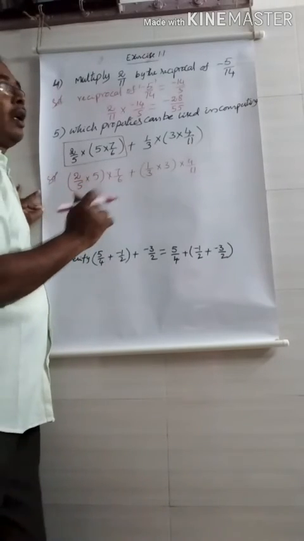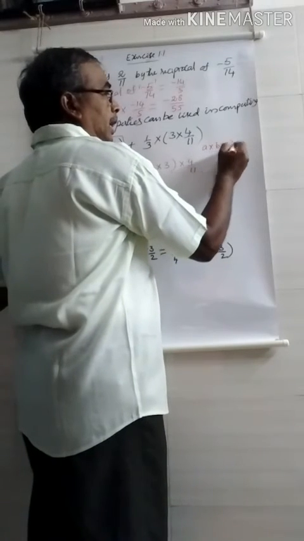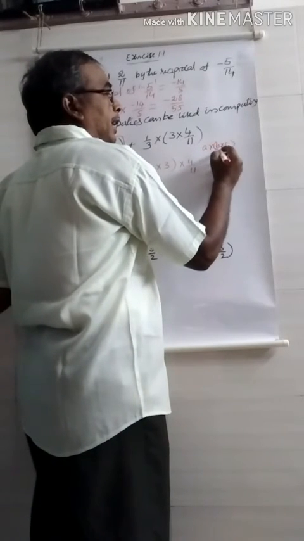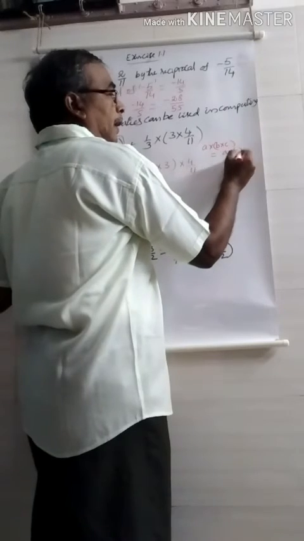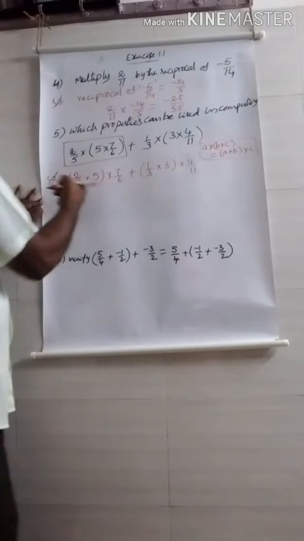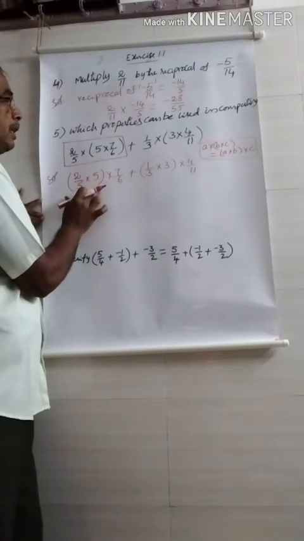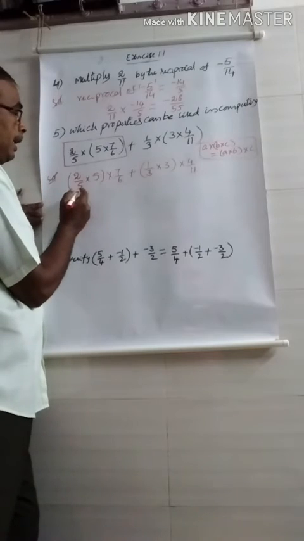First one, we know that. I write it here. A into B into C may be written as A into B into C. We apply this here. I just change the brackets.